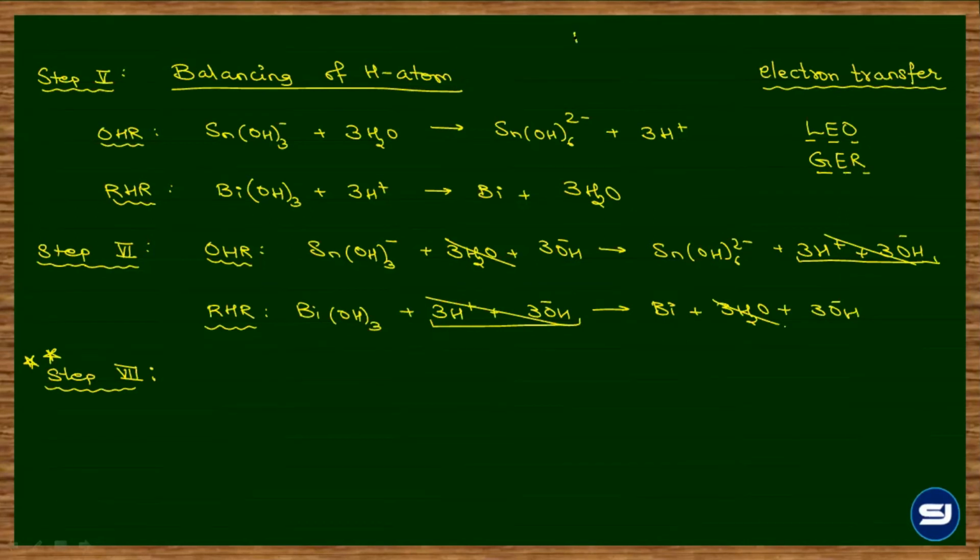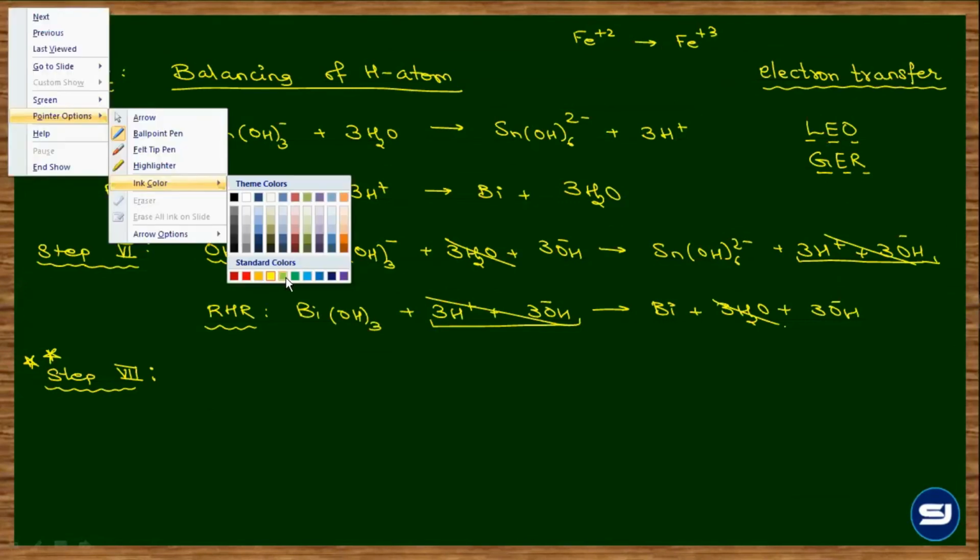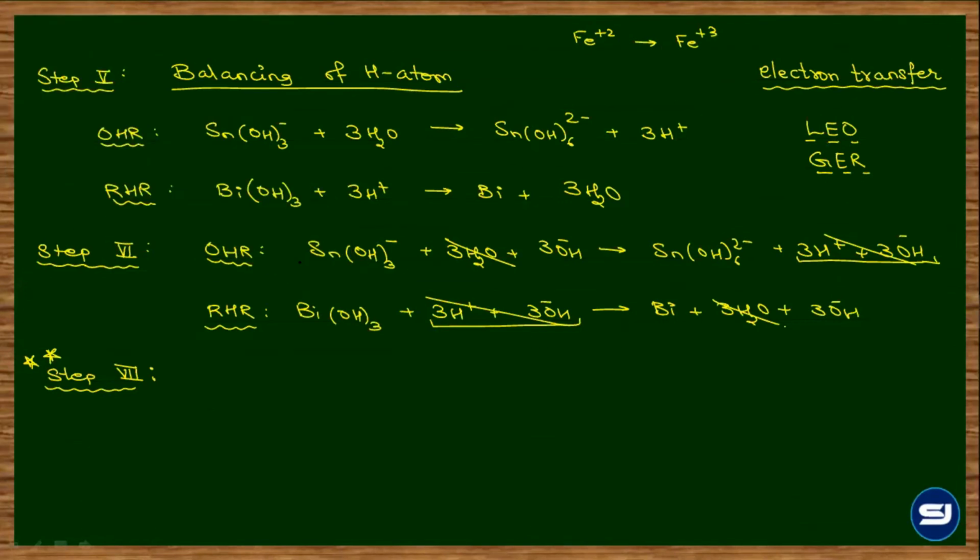Reduction. So if I have ferrous changing to ferric, what is this change called? Oxidation. And if I want to balance the charges on both sides, what should I do in terms of electrons?